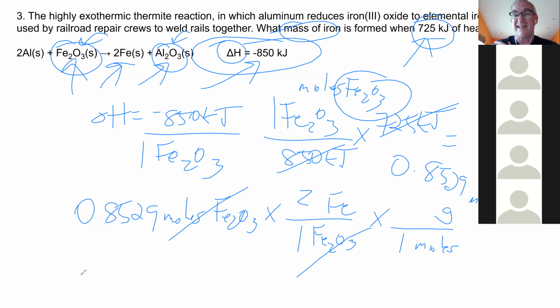Yeah, but what is that? Of Fe, molar mass of Fe. Molar mass of iron, right. So let's say it's 55.845. Okay. Yeah, so now we just multiply 0.8529 times 2 times 55.845. So what's our final answer?